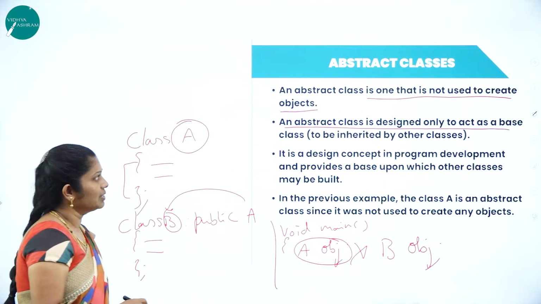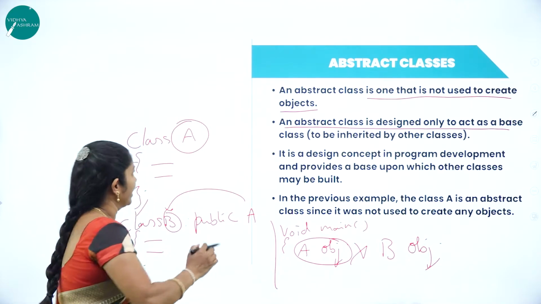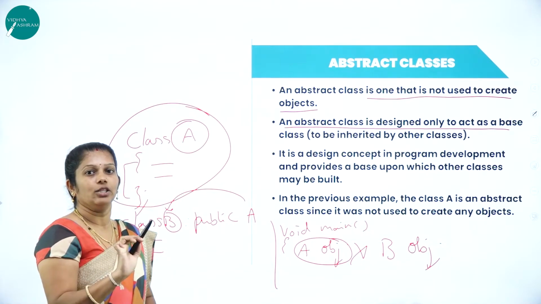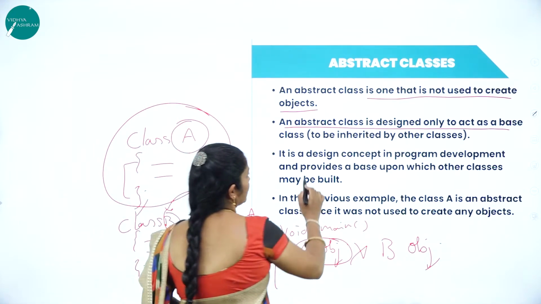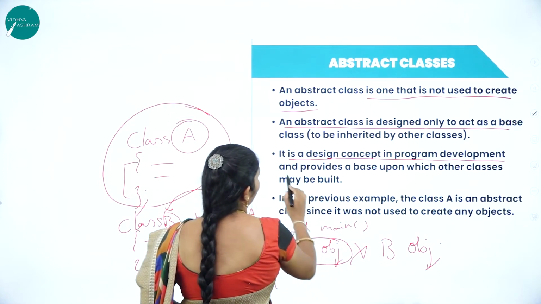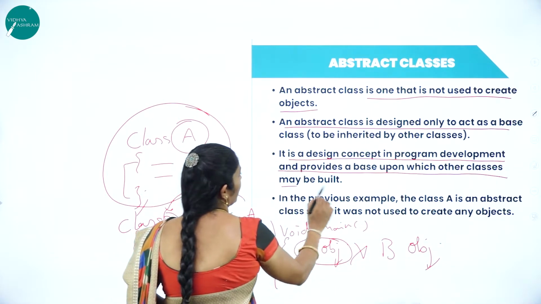Now is it clear? That means an abstract class is designed only to act like a base class, but from that, we are not able to create any object. It is a design concept in program development and provides a base upon which other classes may be built.